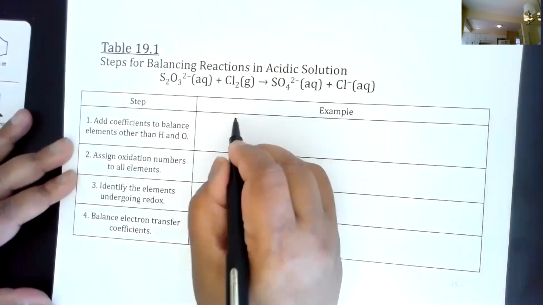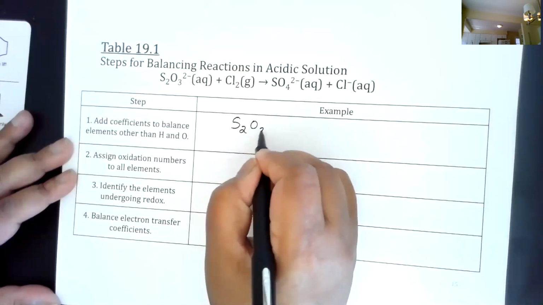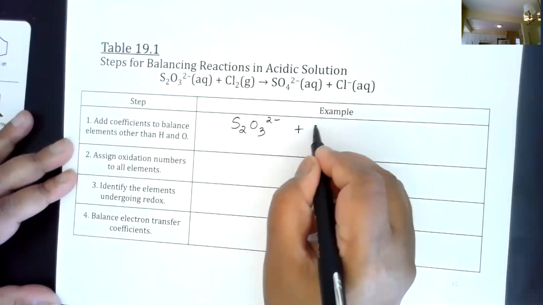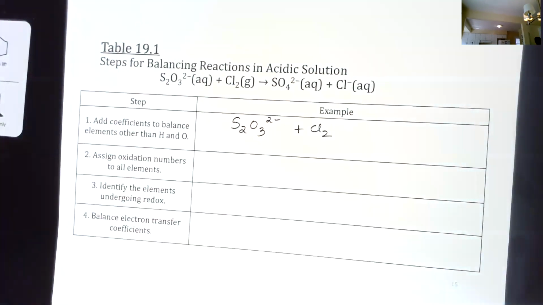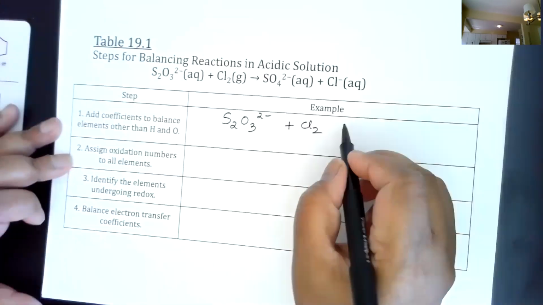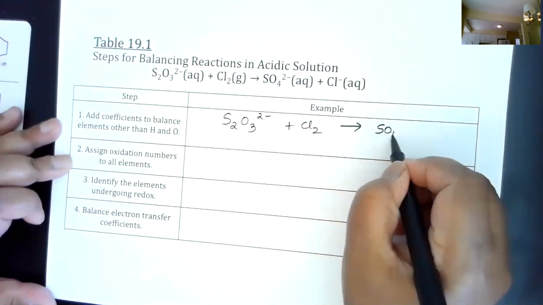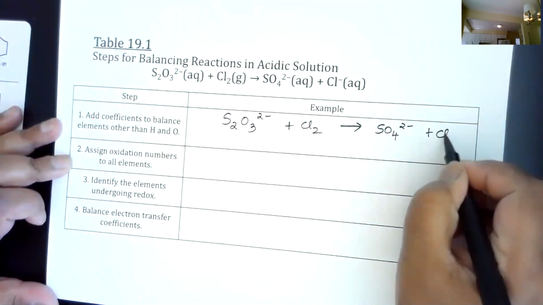Okay, I'm going to write this again. Plus Cl2, SO4 2 minus, plus Cl minus aq.